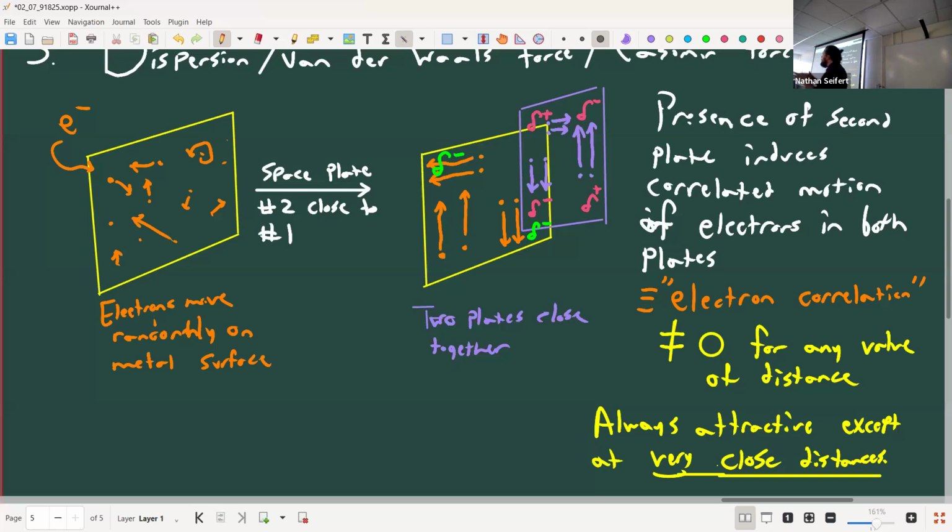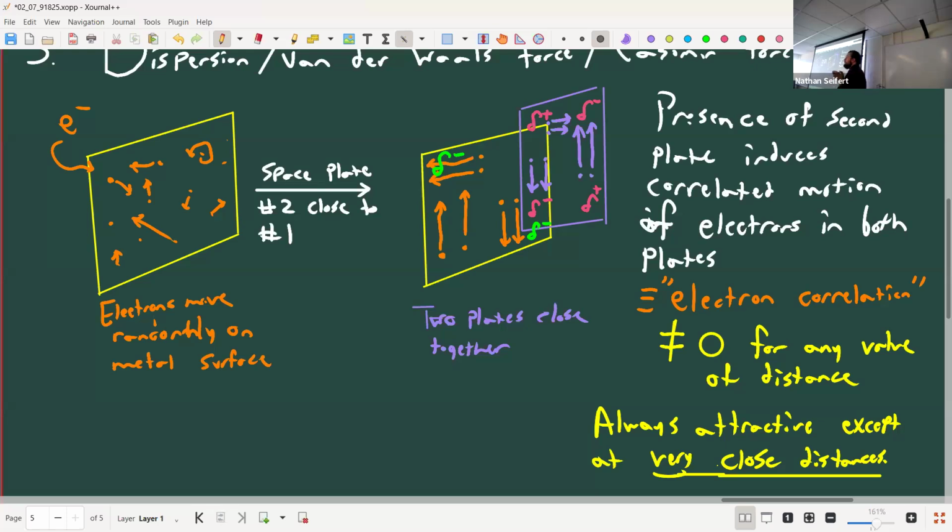That's where the plates are literally on top of each other, when the atoms of one start to impinge on the area of the atoms of the other, they start to repel. I'll show you that in the next discussion about the next force. But barring that, if you put two plates reasonably far enough apart, they will always attract each other by a non-zero amount, and that's due to the van der Waals force.